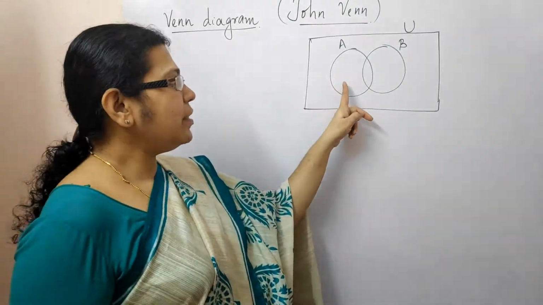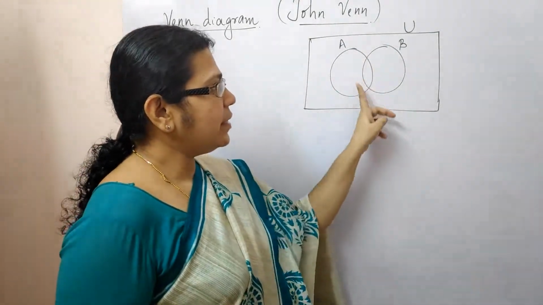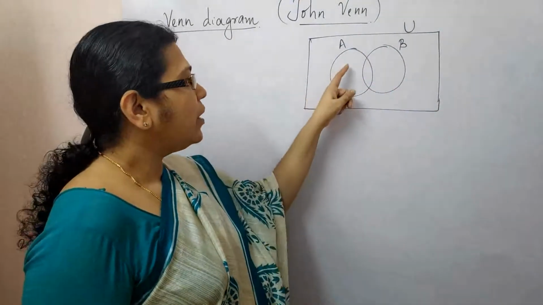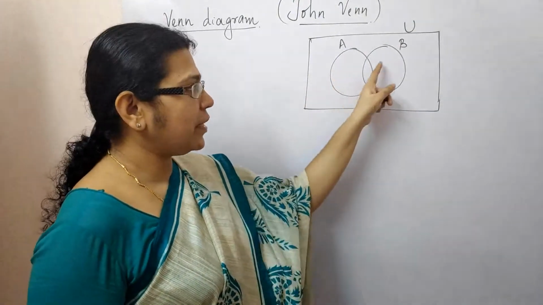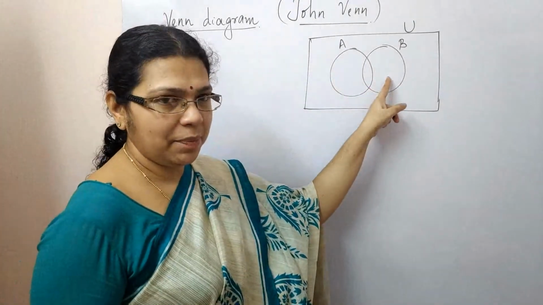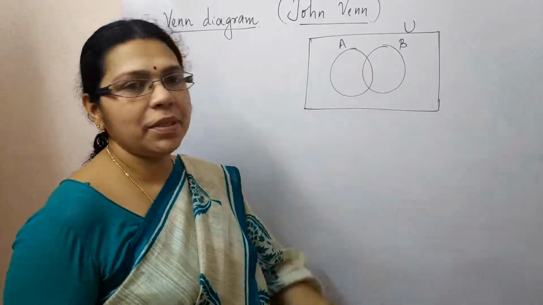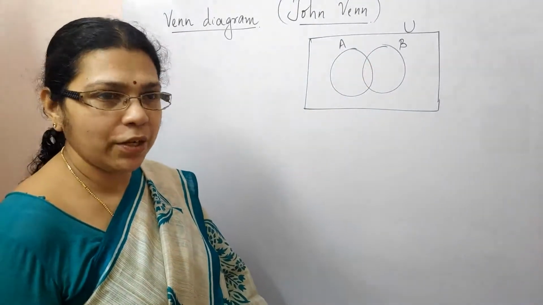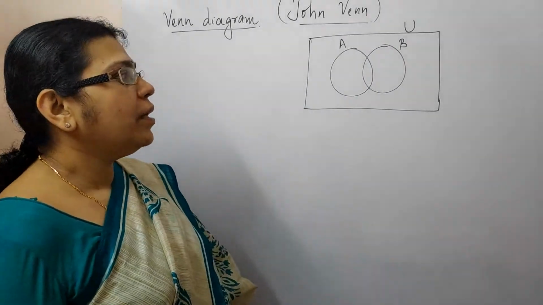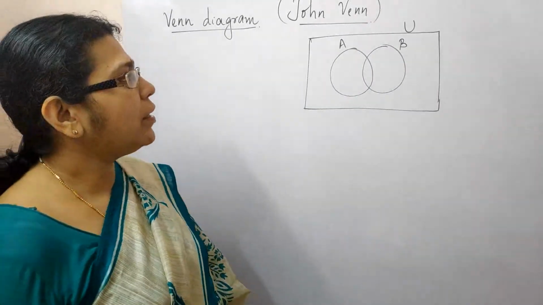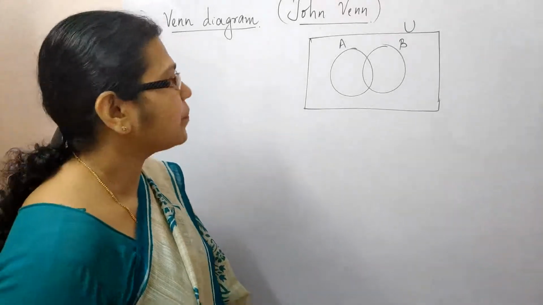So, this is set A, this is set B. Here you will write the elements of set A, here you will write the elements of set B. And if anything is in common to both A and B, then that will be written here. Right, the joining part.